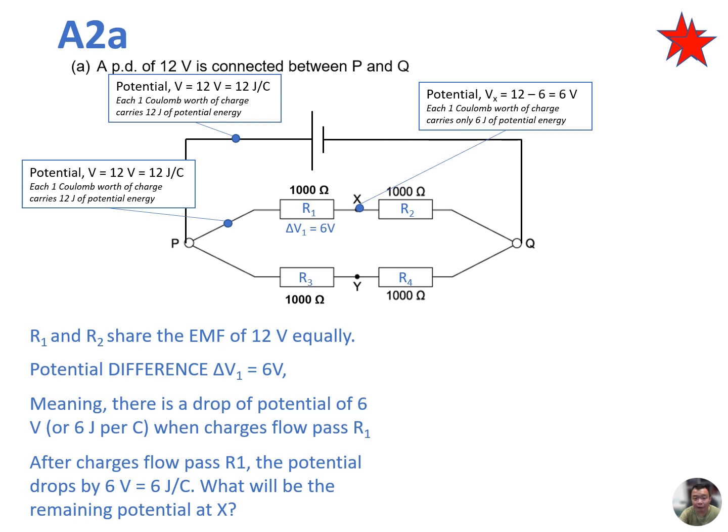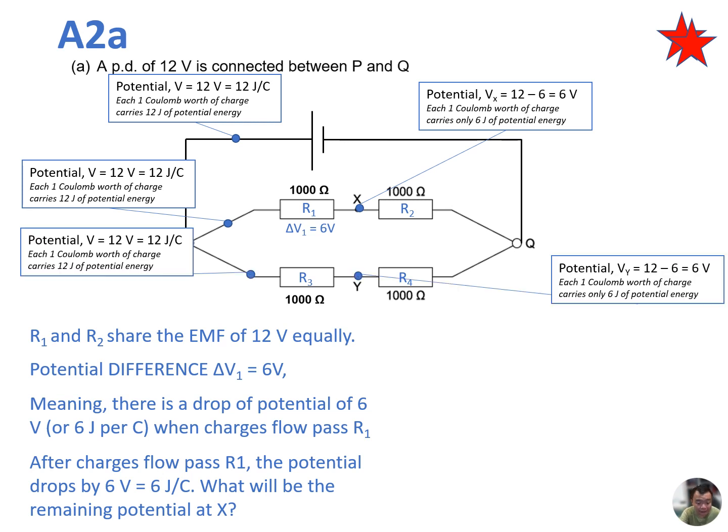Again, 6 volts potential means if I were to fish out 1 coulomb worth of charges there, the potential energy contained by these charges will be 6 joules for every 1 coulomb. We can do the same analysis for R3 and R4, and since the values of the resistance are all the same, I will skip the earlier analysis and immediately say the potential Vy at Y is also 6 volts.